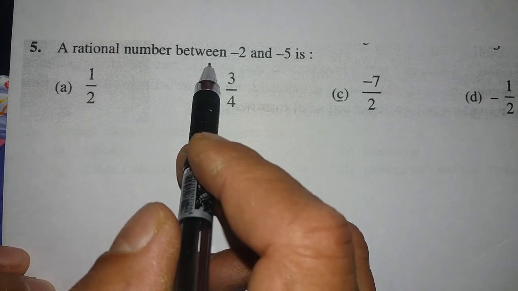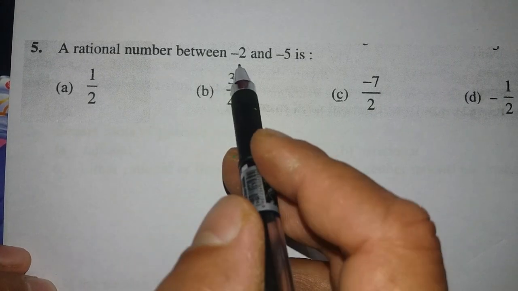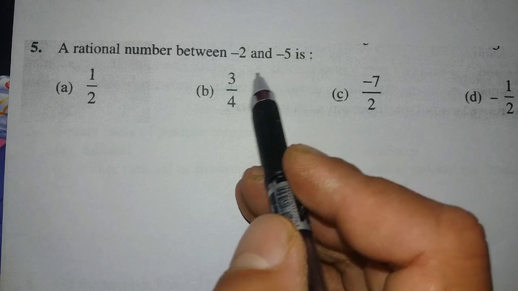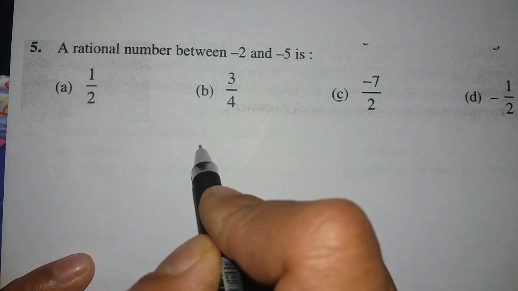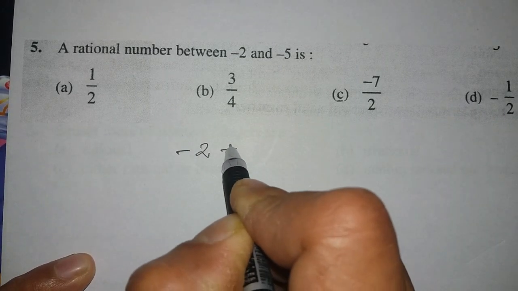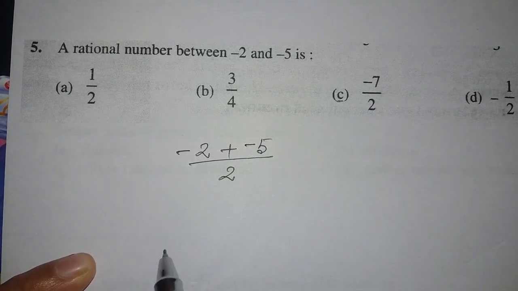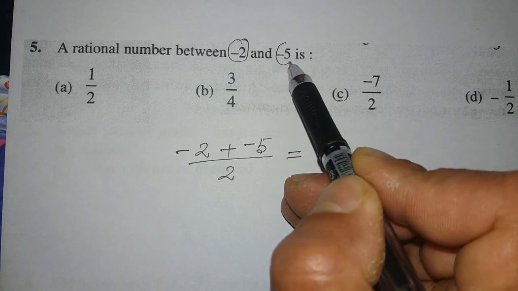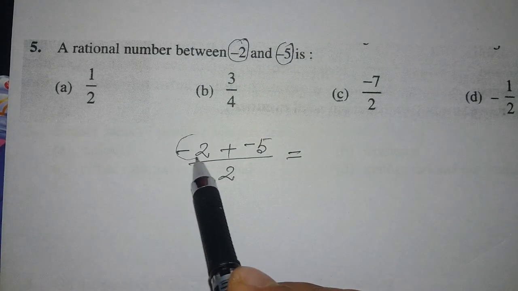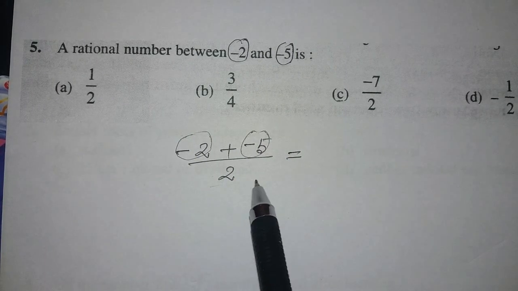A rational number between -2 and -5 is, so you're going to add these two numbers and divide by 2. The two given numbers are -2 and -5. So what we do here is we add these two numbers and then divide by 2.